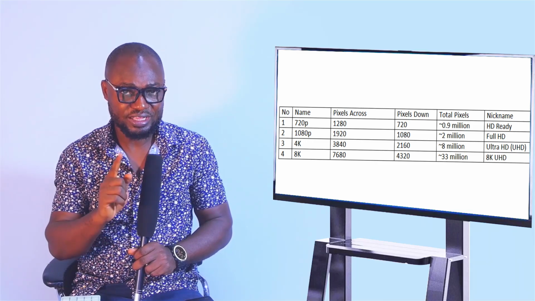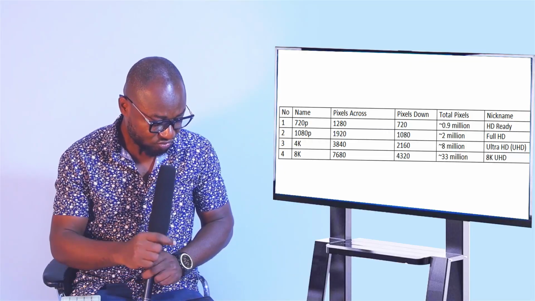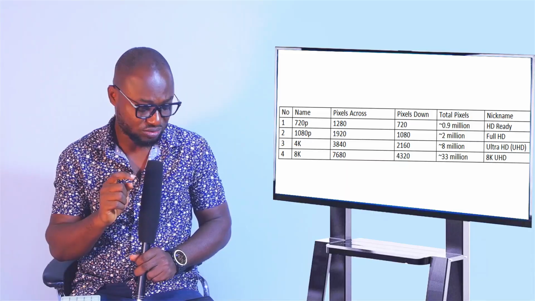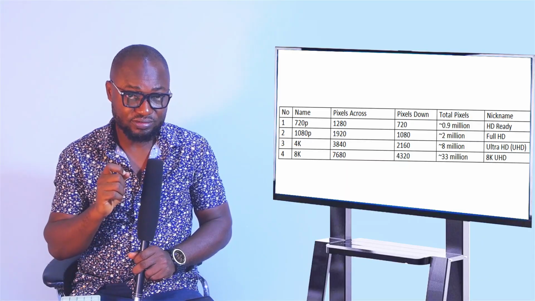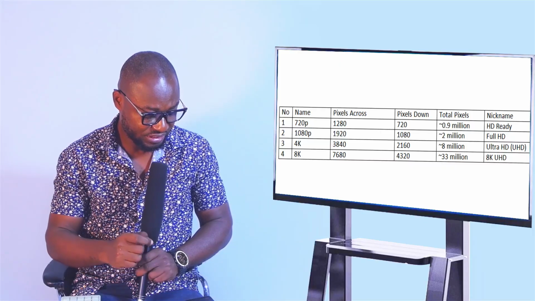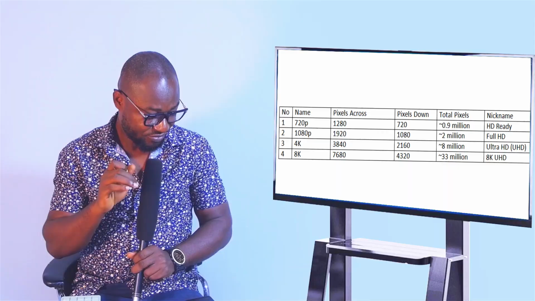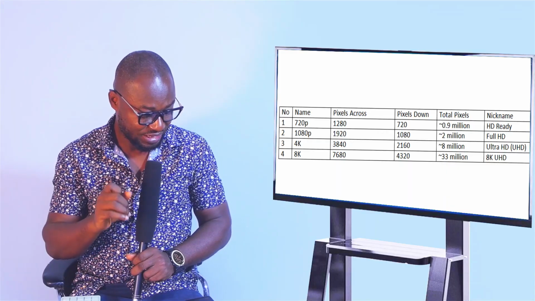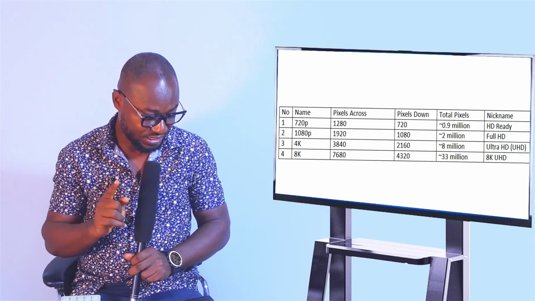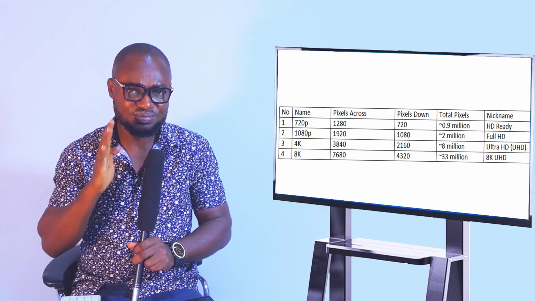For 4K, the pixel across is 3840 and the pixel down is 2160. When you multiply, the total pixels is approximately 8 million.